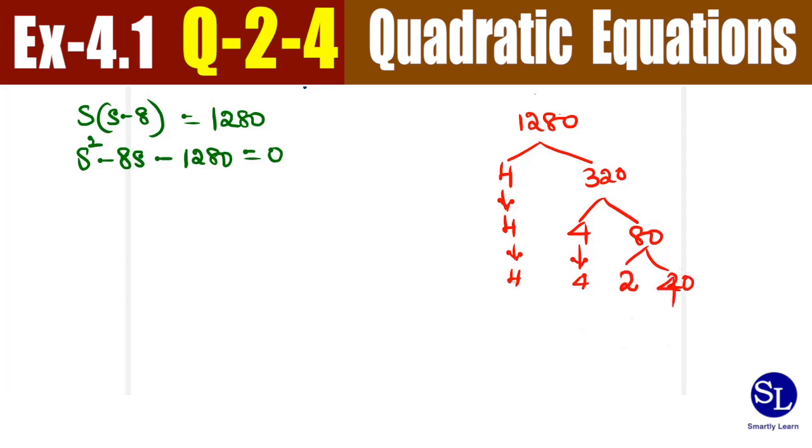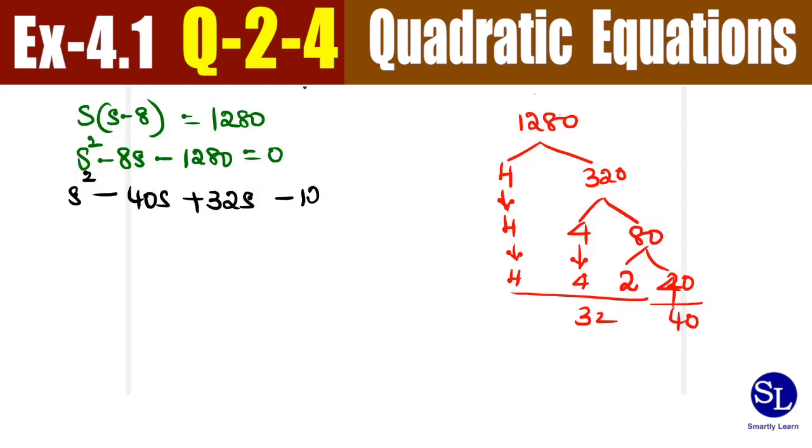Now let us see, 4 twos are 8, 8 fours are 32. So this much is 32 and this is 40. So 40 into 32 is 1280, a difference of which I can write as minus 8s. So let's split. So s squared minus 40s plus 32s minus 1280 is equal to 0.